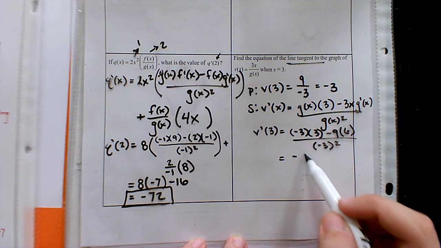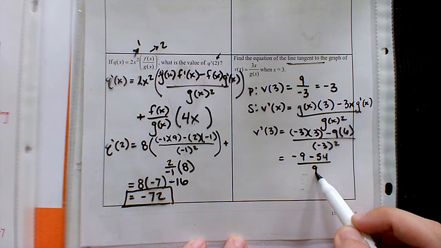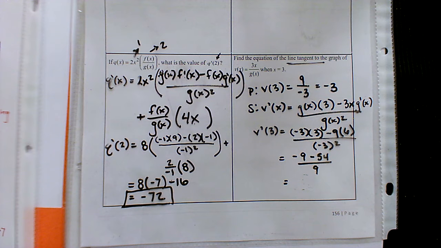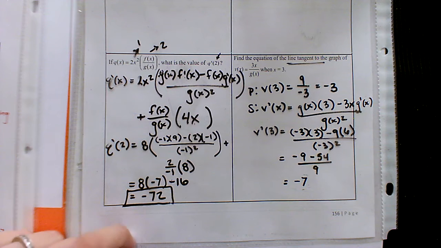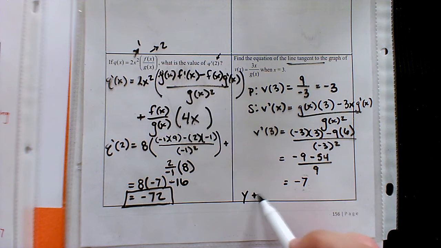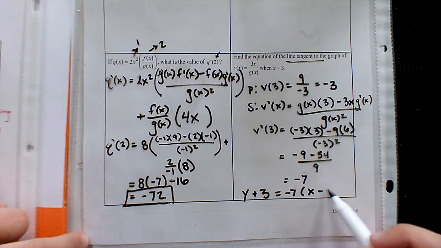So -9 minus 54 all over 9. -63 divided by 9 is -7. All right, so we have our point, we have our slope. We'll write our equation. y minus the point equals our slope times x minus 3.